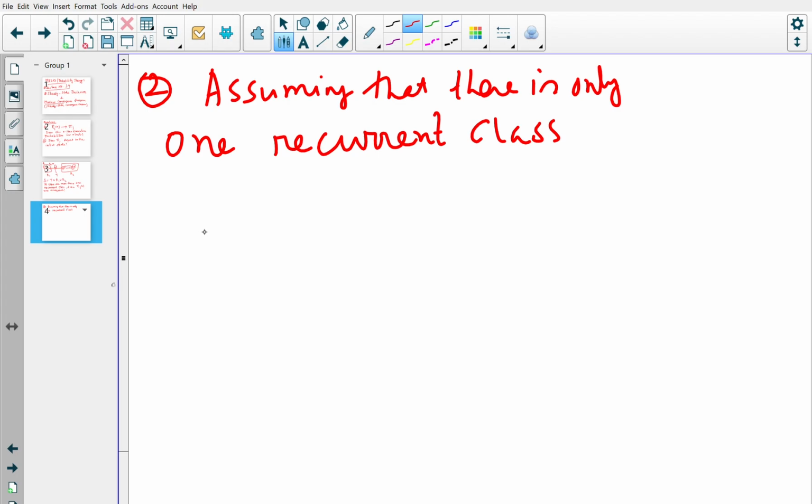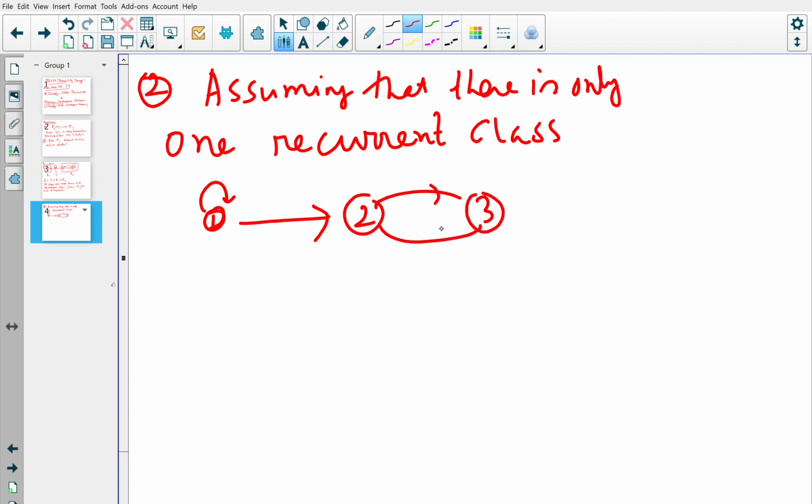For example, say you have recurrent states 1, 2, and let's say 3. If you start with 1, you can come to either 1 or 2, and if you come to 2, then you will go to 3, and then 2 and 3 and 2.